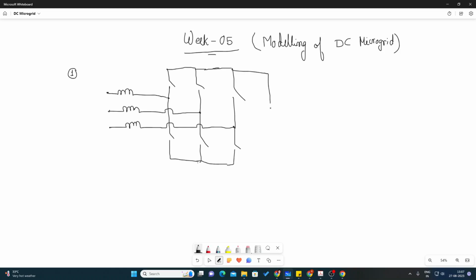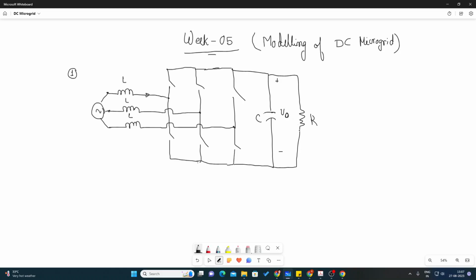Then we have the capacitor, the DC capacitor, and let's say the load R, and these are all L, and this is supposedly connected to some three-phase AC system. Here, this current and this voltage is the output voltage.